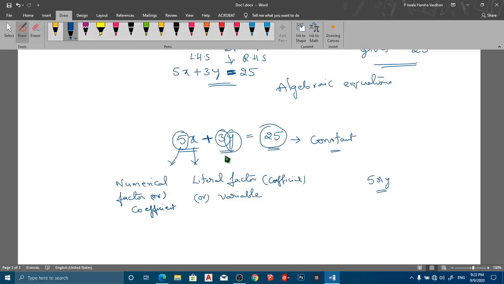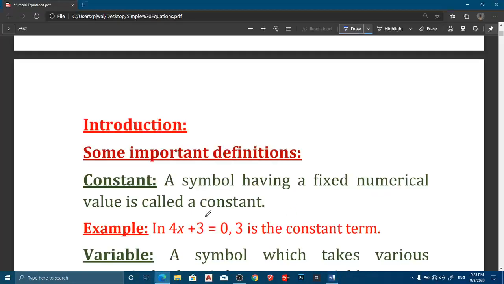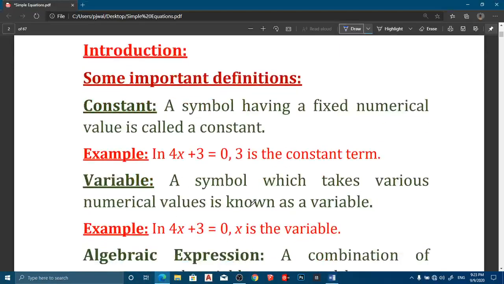So these are the main terms you have to know about while you are learning about the simple equation. So now I am going to the actual chapter and I will tell you the actual definitions here. You can write in your notes also from here. So this is the introduction part, some important definitions.